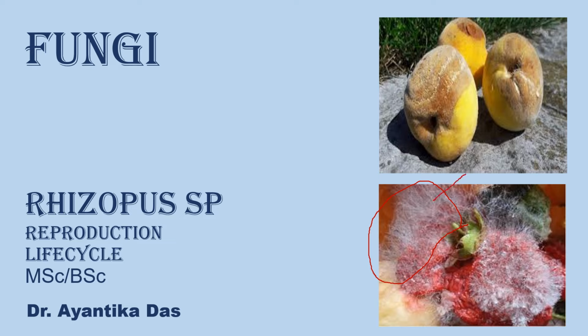This white cottony mycelium on the surface of the strawberry is the aerial mycelium of the second stage. Only after it has reached a certain stage of maturity, having accumulated a high amount of reserve food matter and oil droplets in its cytoplasm, does the reproductive stage begin.